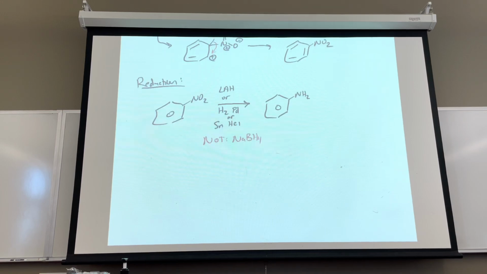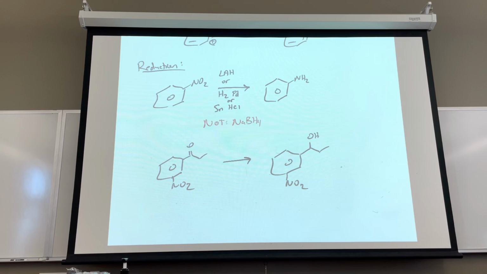So for instance, why would that be useful? Well, let's say we wanted to do this reaction. Do you see how in this example, it might be useful to know that.